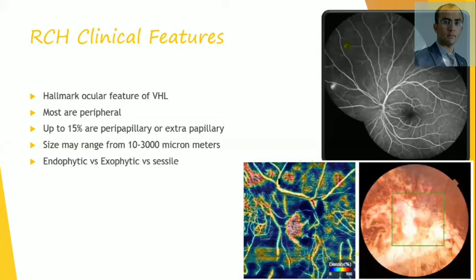On the left side, you can see the corresponding composite full thickness OCT angiography image of this eye, and you can clearly see a lesion which is very well defined, although it is not defined on the clinical image. So OCT angiogram can be very helpful where the lesions are really subtle.